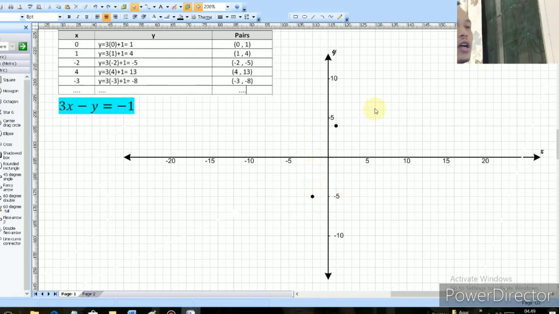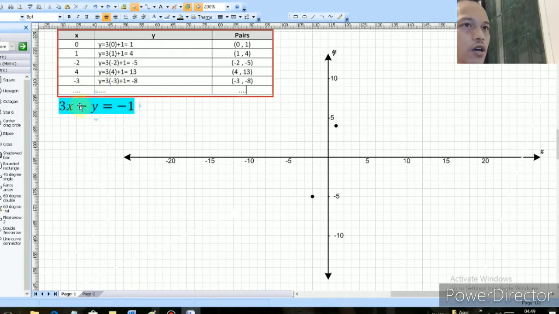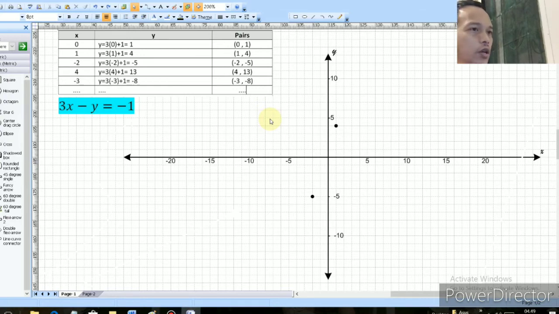Okay, so let me just discuss how you can be satisfied with the ordered pairs that you have found to assume what the graph is. If I'm only using these two ordered pairs, this still is not enough for me to conclude what the graph is. Let's just play dumb, and say we don't know what kind of shape this graph is. Although we know it's linear, if you have only two ordered pairs, you cannot just assume it is a straight line.